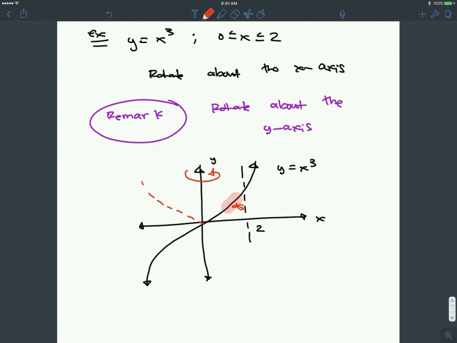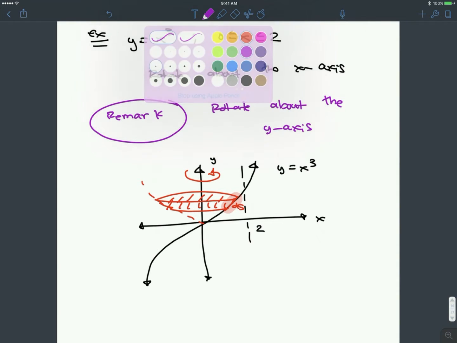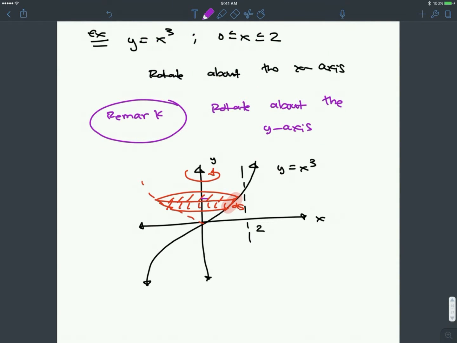So if I consider this to be ds here, we get this strip here, this rubber band. And now the radius that we have to use here, this radius r, is going to be the x-coordinate. It's not going to be the y-coordinate.